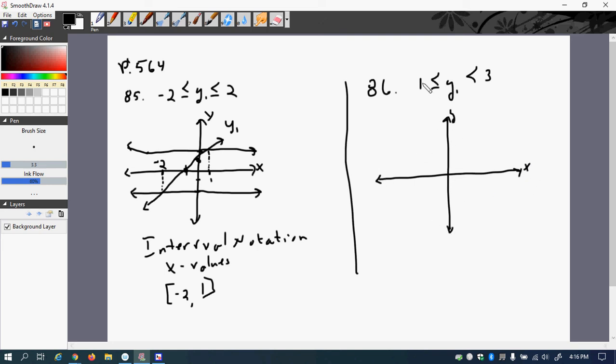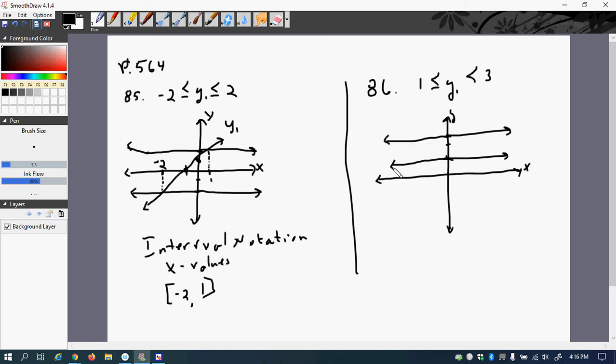Now we know that y is at 1, so we'll put one at 1. So here's the line. And then we also have one at 3, so 1, 2, 3, right? And I have a line going like this.